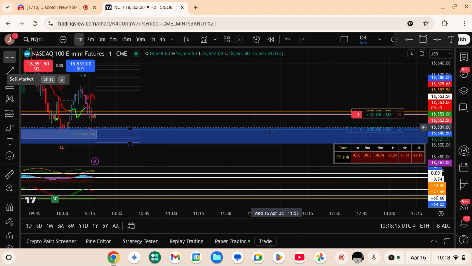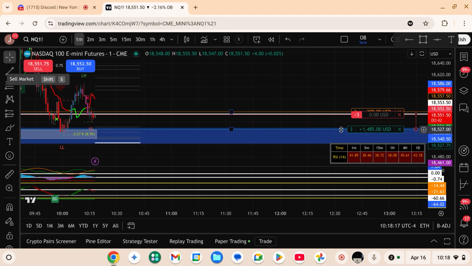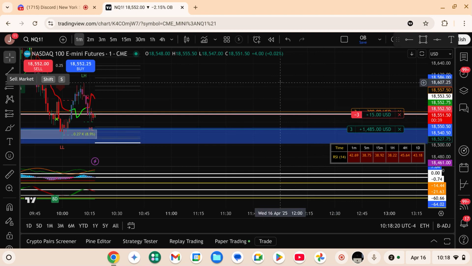So we're just targeting the top of this box right here. There, look, made your money back plus 300. I'm going to hold for full TP. If it hits stop loss, it hits stop loss, and that'll be the two trades for today.